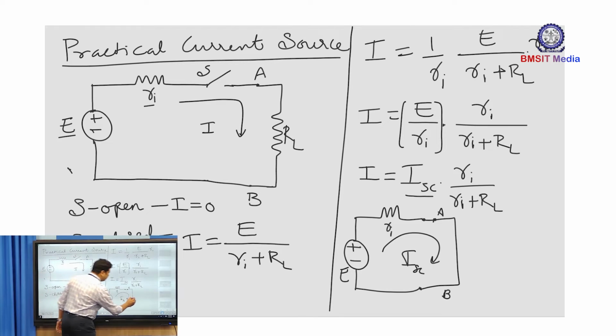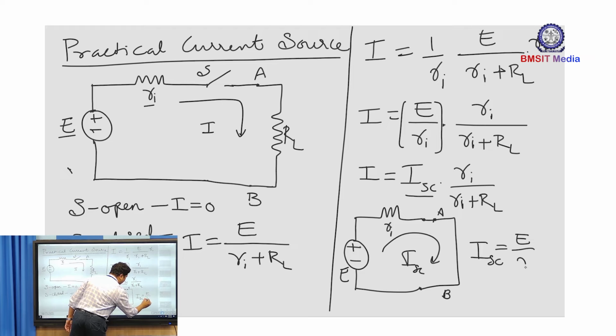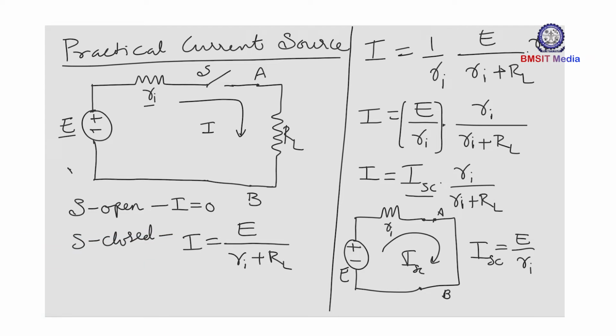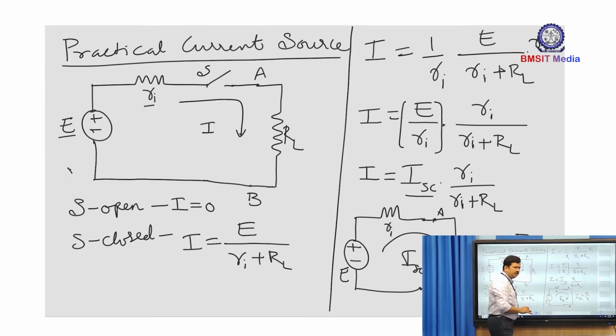Now, this ISC is equal to what? It is equal to E over Ri. So, I can realize this ratio of E to Ri to be a short circuit current.